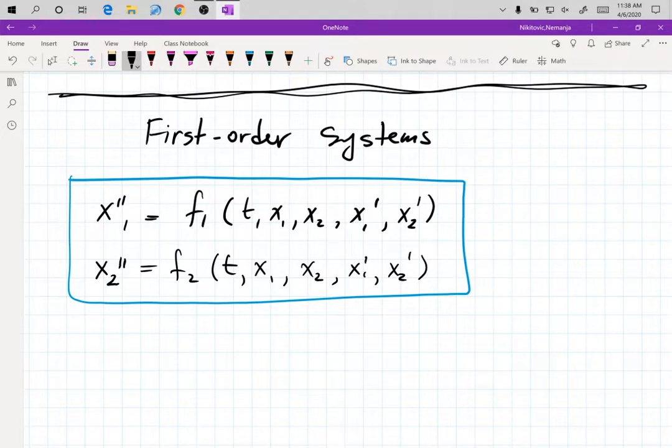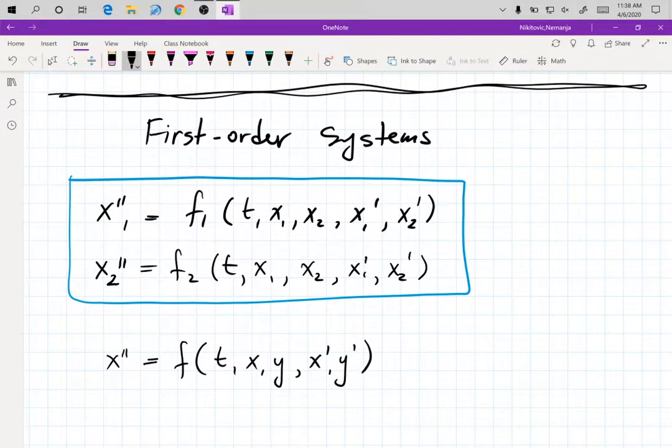But for our purpose today, we will be looking at this as x double prime is equal to f of t, x, y, x prime, y prime. And notice that these are first derivatives, right? And then y double prime is a different function, g, of t, x, y, x prime, y prime.